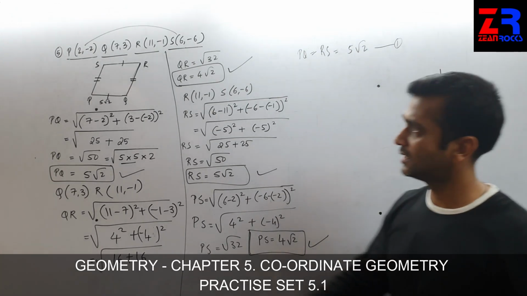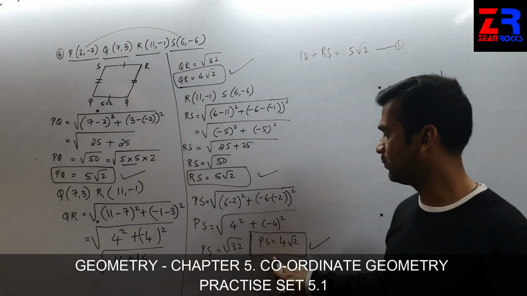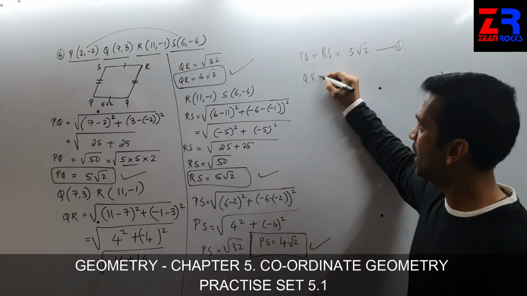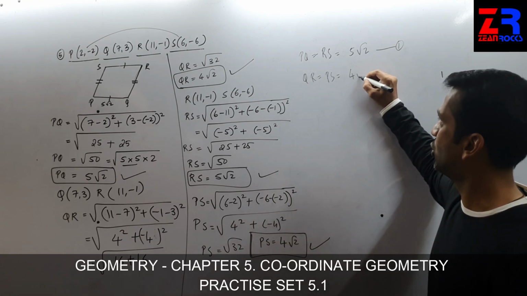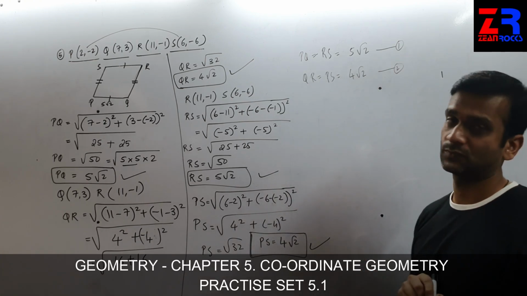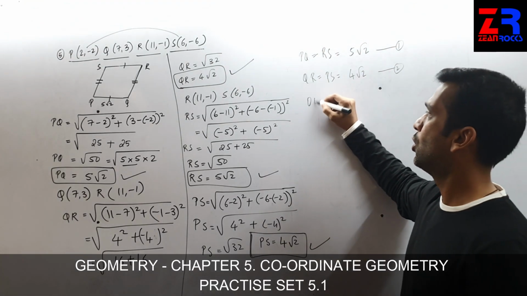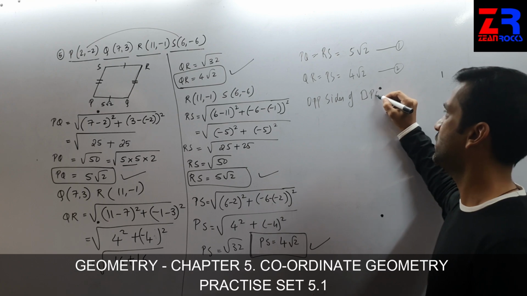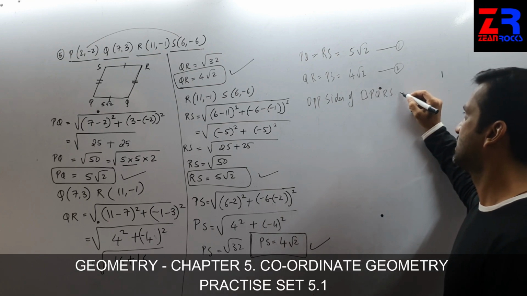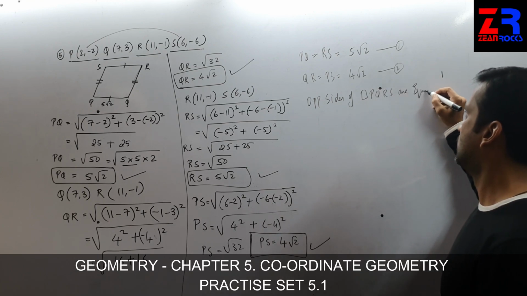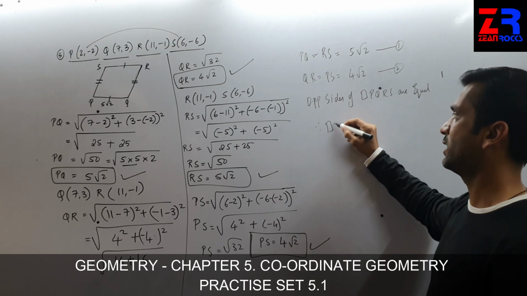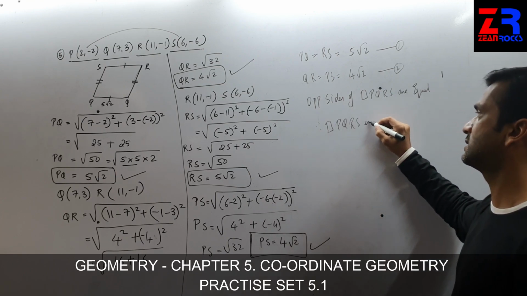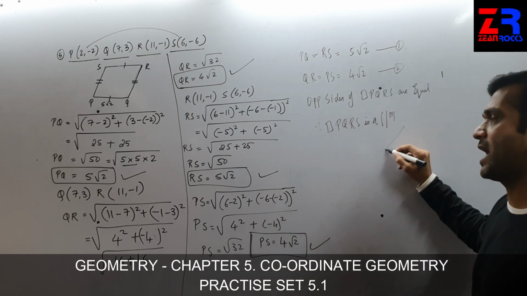Next, QR is equal to PS, equal to 4 root 2, that's two. So opposite sides of quadrilateral PQRS are equal. Therefore, quadrilateral PQRS is a parallelogram.